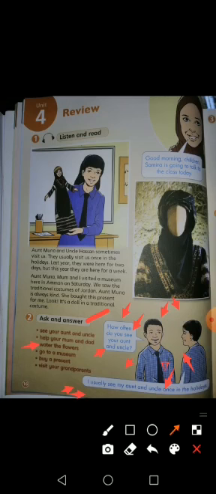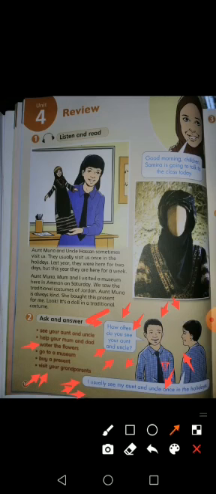Another example. Ask, for example, your friend, okay? So ask him, how often do you visit your grandparents? The answer should be what? Should be, I usually or sometimes or always visit my grandparents, right?